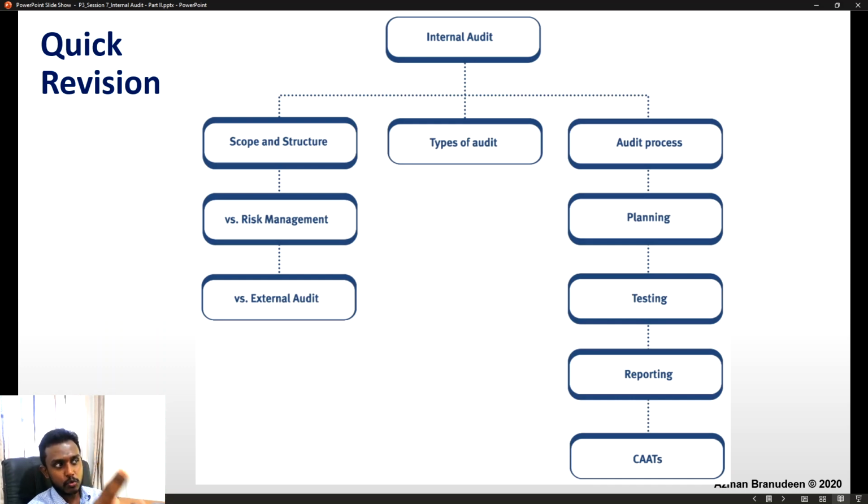And then in part 2, we started by looking at the types of audit. Then we understood the audit process, in which we realized there are 3 stages: planning, testing, and reporting. Then we looked at each of those stages in close detail, and finally we wrapped up our discussion by looking at this modern and very fast, very commonly used audit testing technique, which is computer aided.